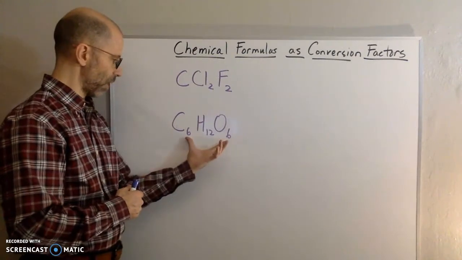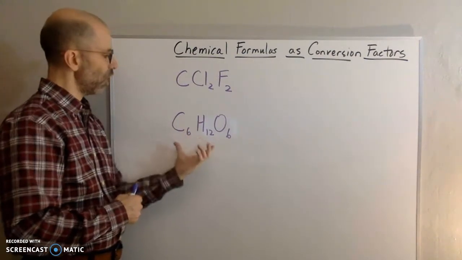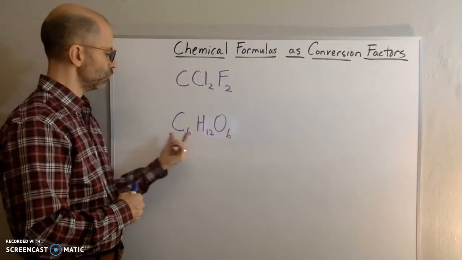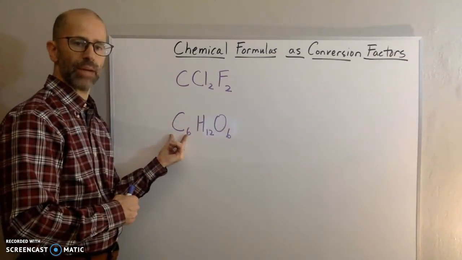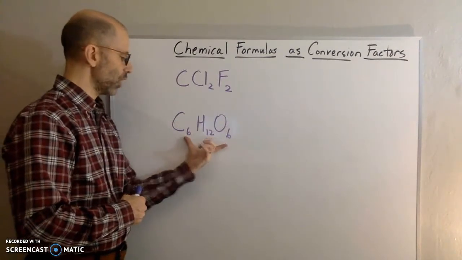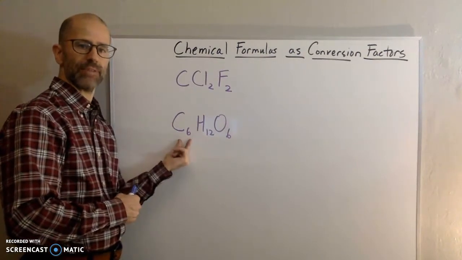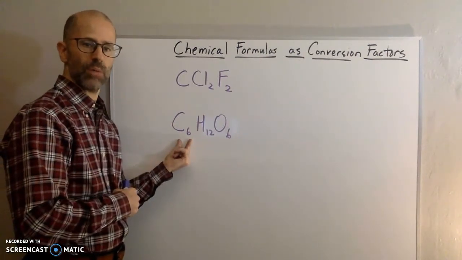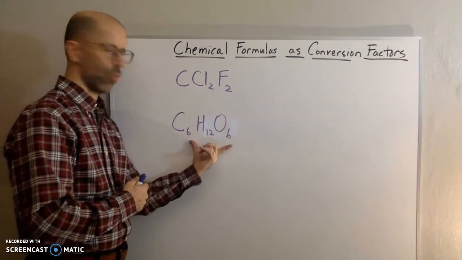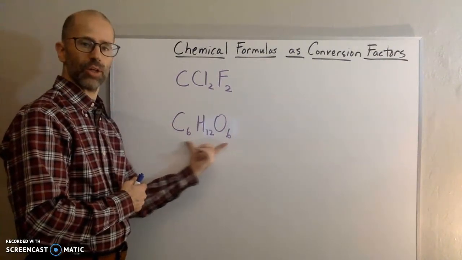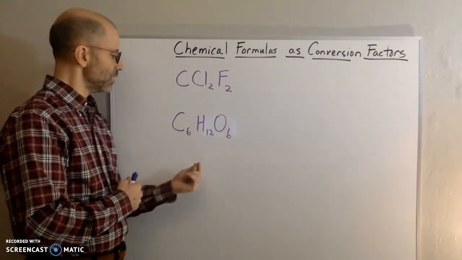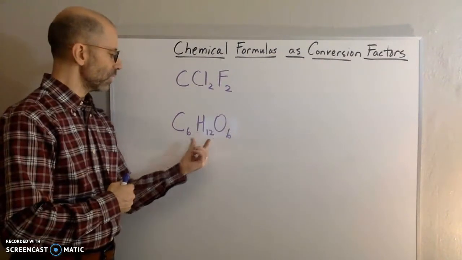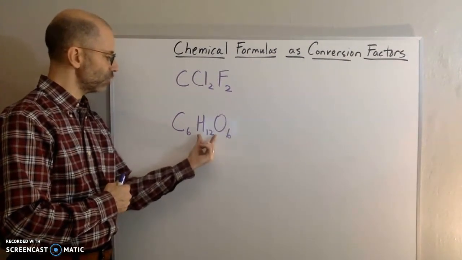So if this was one molecule, then the ratio of one molecule to carbon atoms in the molecule is 1 to 6, because I have 6 atoms of carbon in one formula of the molecule, one molecule. Okay. Same thing with hydrogen. I have a ratio of 12 to 1.